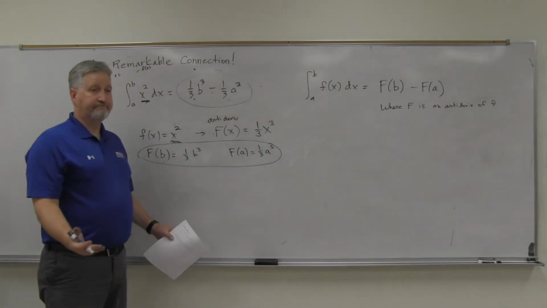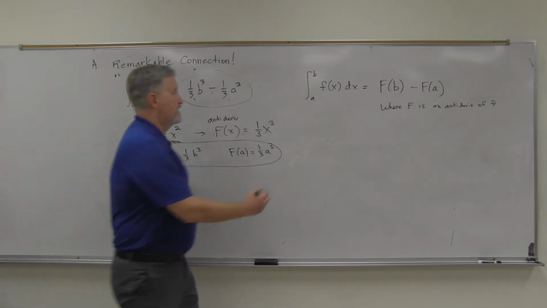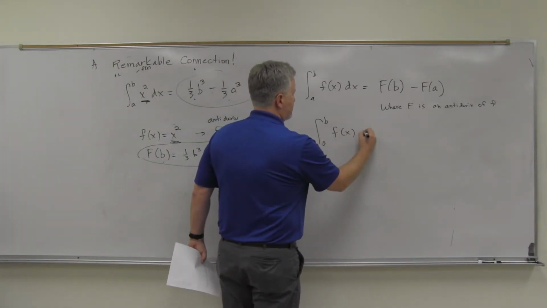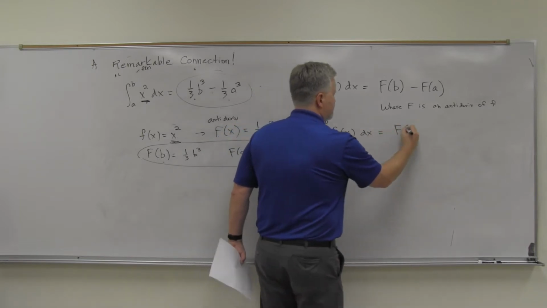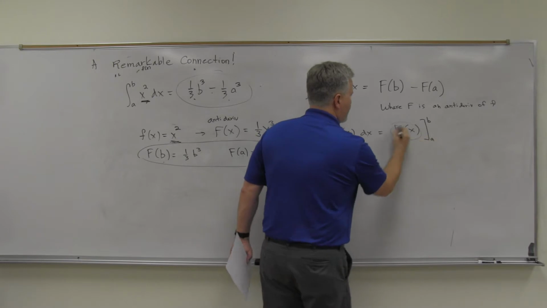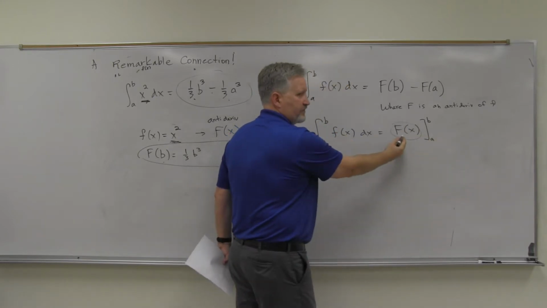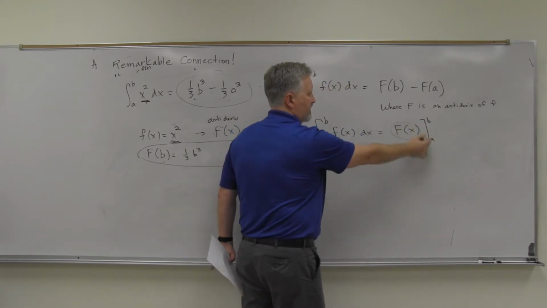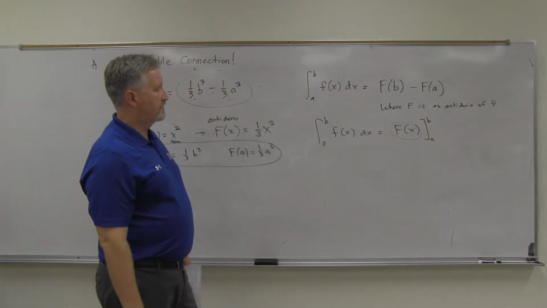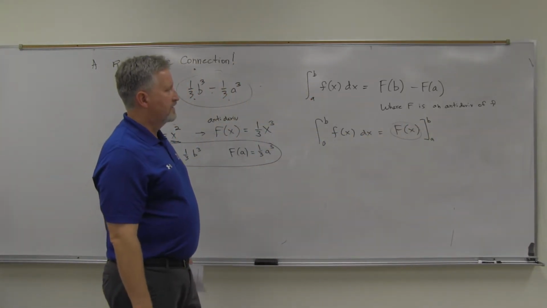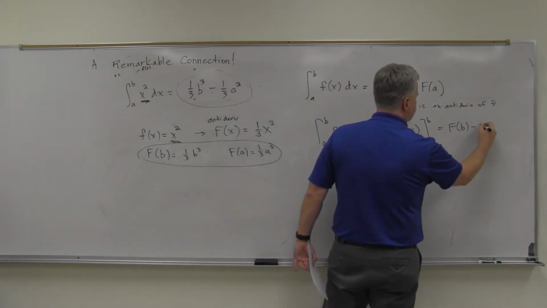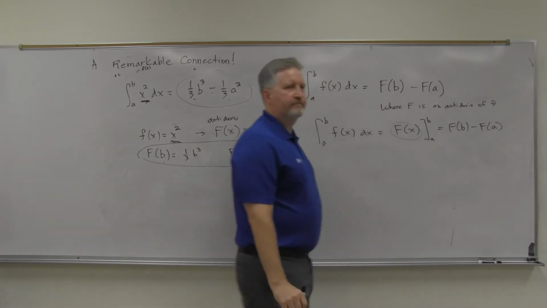Now, a little bit of notation. What we usually do is this. Big F is an antiderivative, so we write that, and then we put the a to b on a square bracket there, and then we actually evaluate it like that.